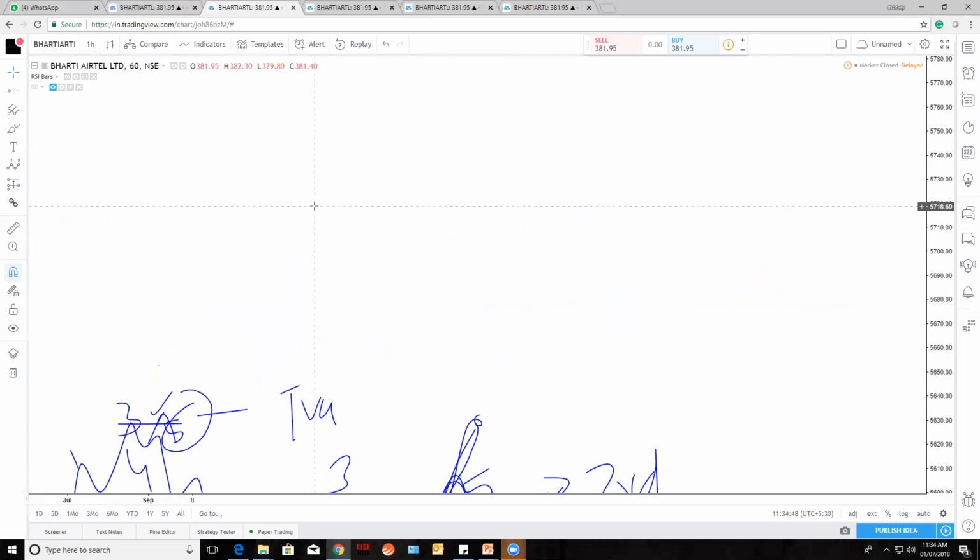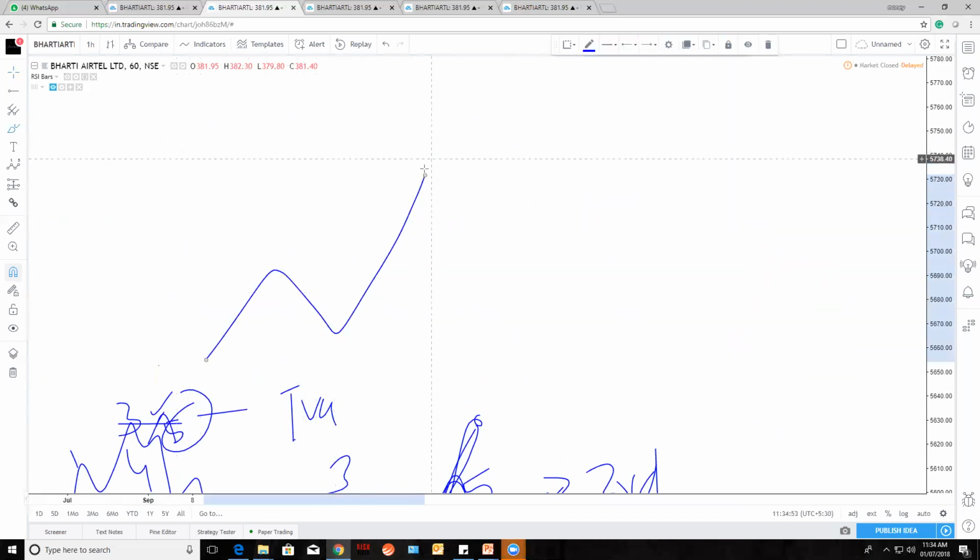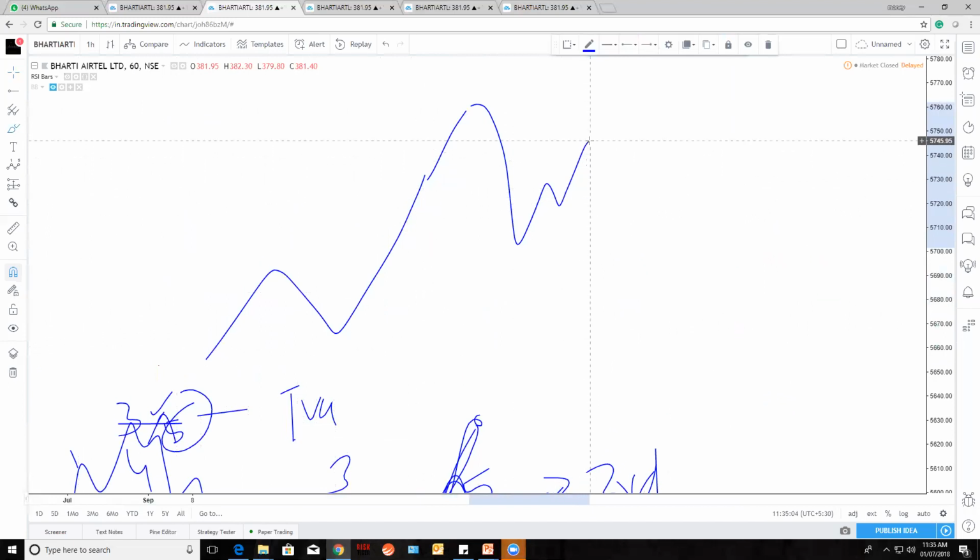Okay, let me explain that. Let's say this is wave 1, wave 2, wave 3. Let's say wave 3 is very big. Wave 4 and wave 5. Let's say it is making a first wave internally, second wave internally, third wave internally, fourth wave internally, and fifth wave internally. Then it can come down.